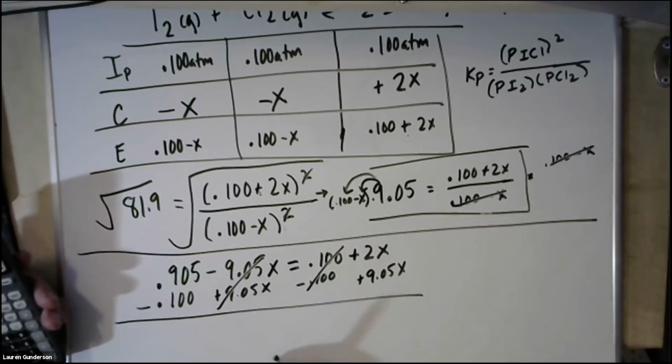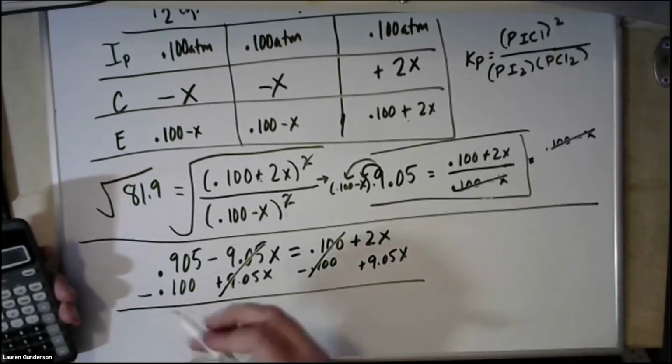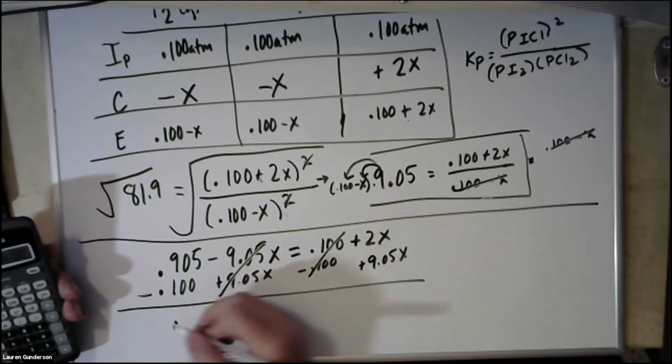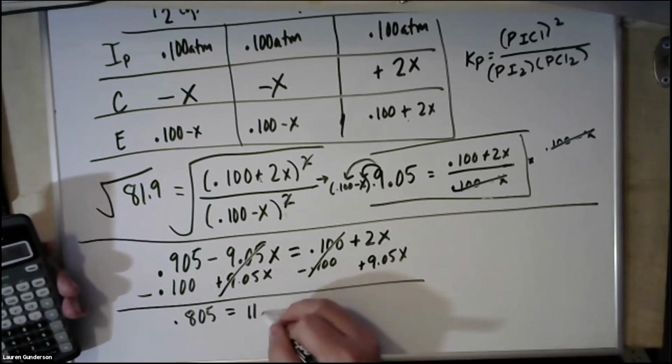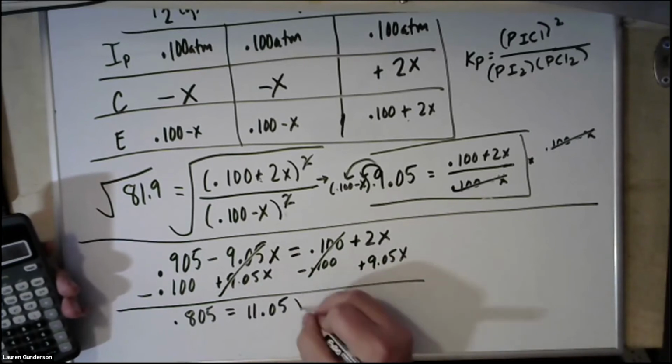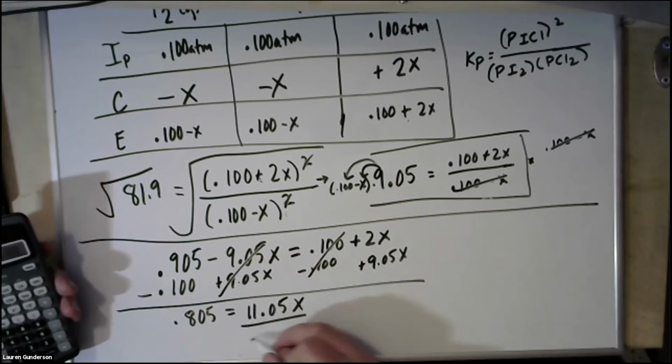And let's rewrite that. So this will be 0.805 equals 9 plus 2 is 11.05x. I'm going to divide both sides by 11.05.